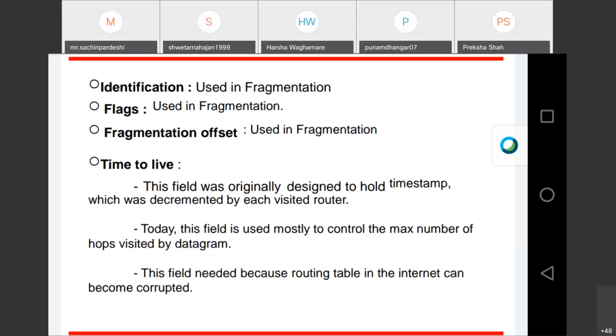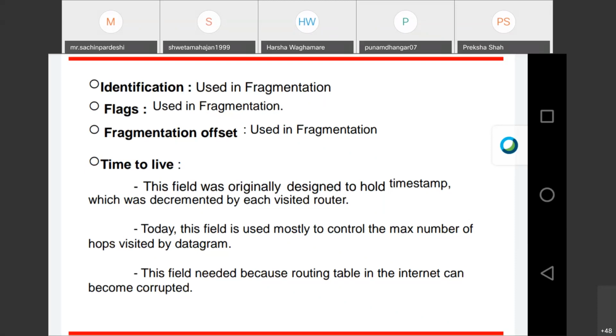Whenever the packet moves from a router, this timestamp is decremented. And whenever the timestamp is 0, and the packet has not reached the destination, the router simply discards the packet and informs the source. The packet is discarded because the timestamp is 0.